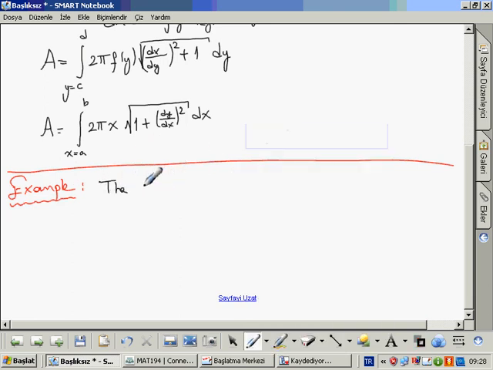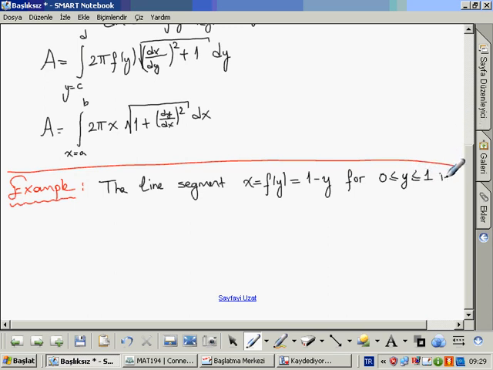The line segment x equals f of y, and it equals 1 minus y for 0 is less than or equal to y, and it's less than or equal to 1, is revolved about the y-axis to generate a cone, right?